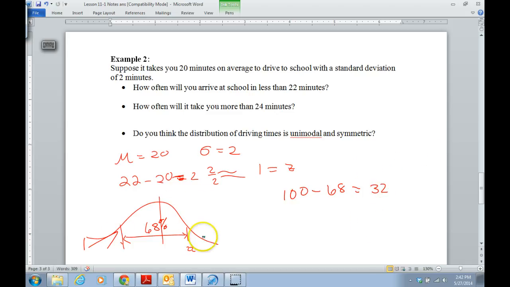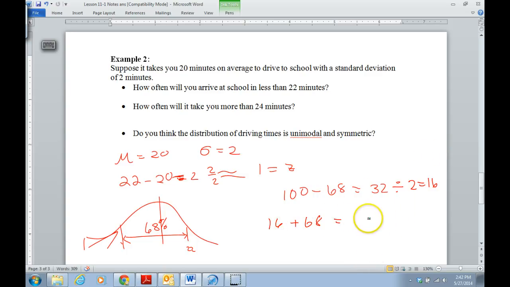And we only need half of that because we only want this half of the tail. So what is that? 16. So we have 68 total, and I'm going to add that little piece right there. That's going to be 16 plus 68.